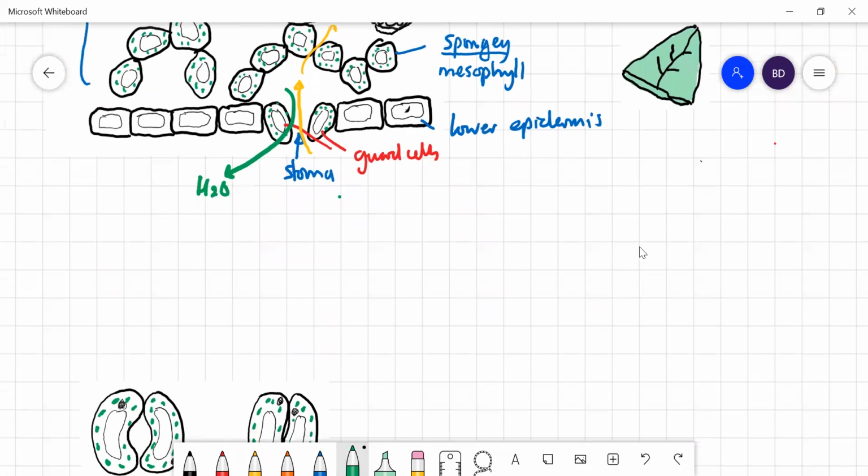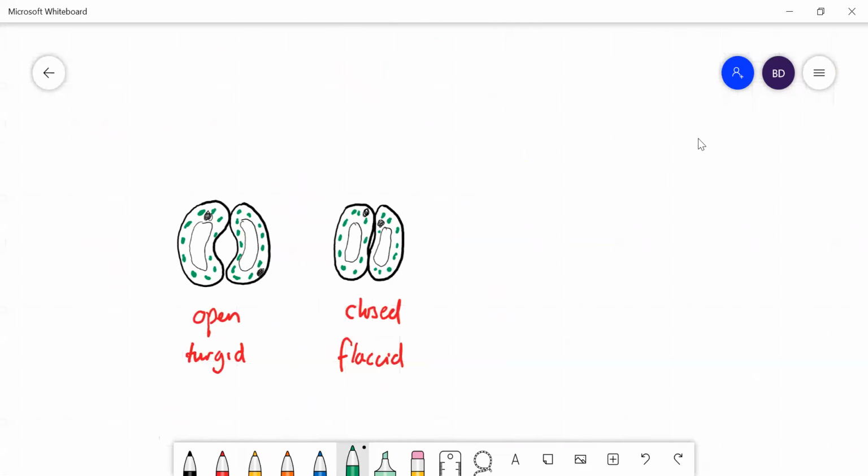Right. So here there's two stoma. One on the left is open, and the one on the right is closed. Now, this word here, turgid, that means that those cells are full of water. And the water has entered those cells due to osmosis. And why is it in that?